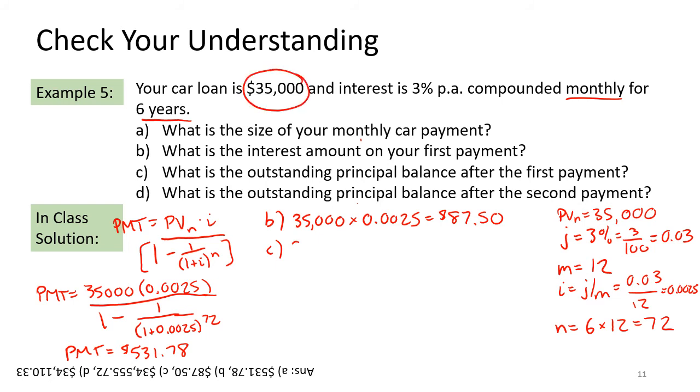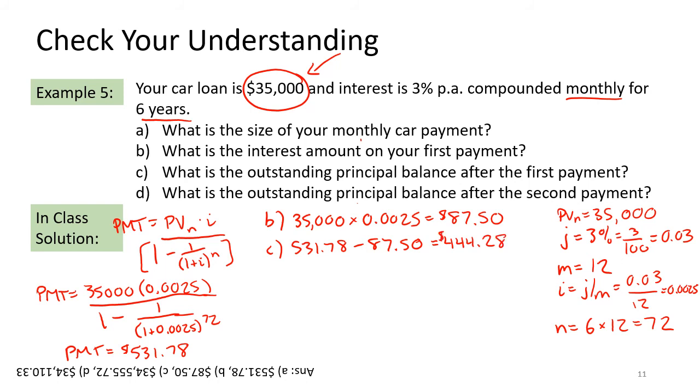So your payment is $531.78, and we just figured out that $87.50 is the interest. You have to subtract that off to figure out how much is actually reducing this loan. So if you subtract that, you get $444.28.